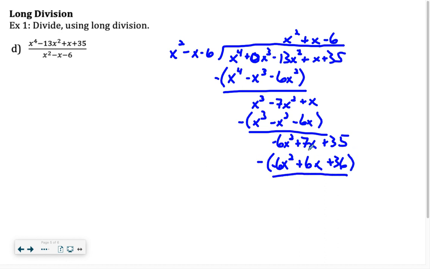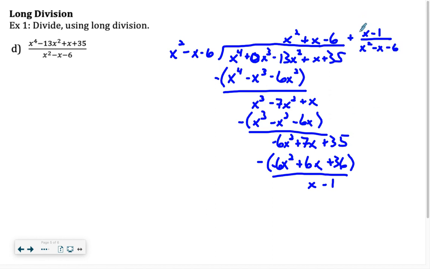So 7x minus 6x would just get me 1x, and 35 minus 36 would get me negative 1. I don't have anything left to bring down, so this is my remainder, x minus 1. So we'll write that as plus x minus 1 over x squared minus x minus 6.